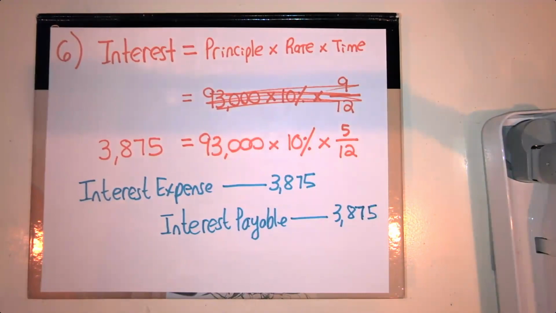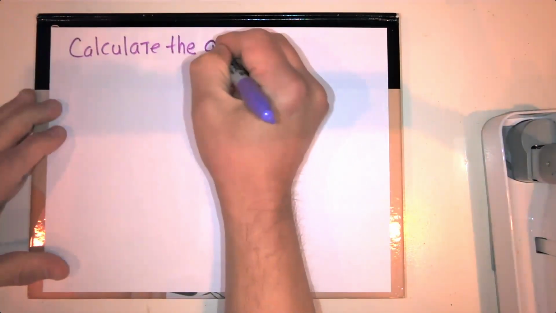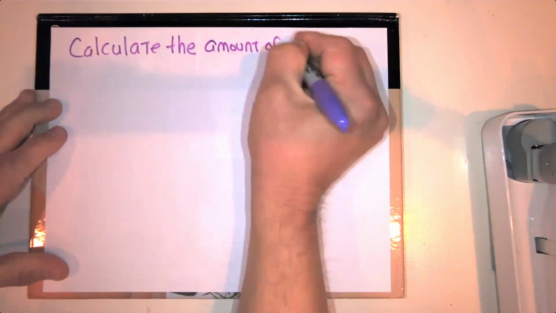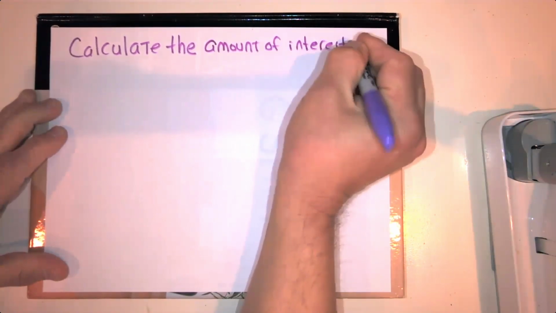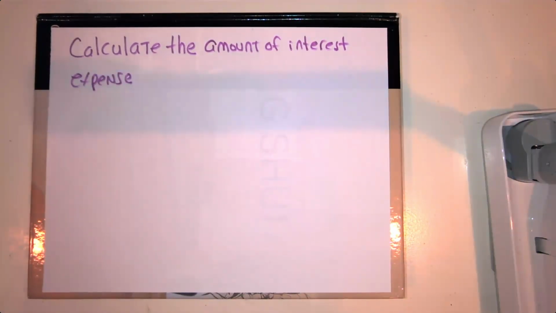All right, Grant, would you please turn the microphone back on? Grant, what if I said, hey, I want you to do a calculation for me? I want you to calculate the amount of interest expense related to this loan that ABC Company would record not in 2027.